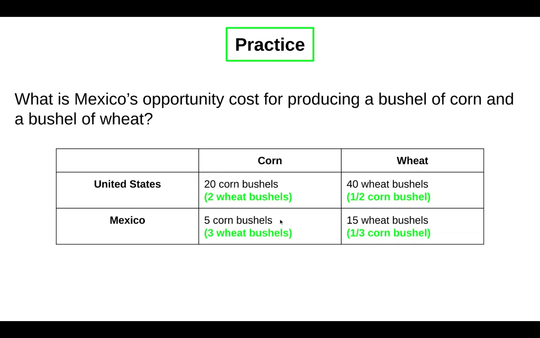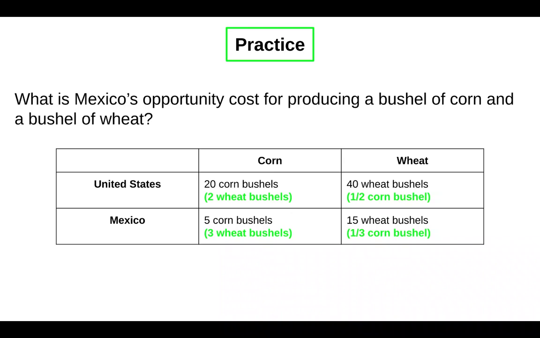Well, again, it's other over current. What's in the other box? 15. What's in the current box? 5. 15 divided by 5, 3. What do I give up to produce corn? Wheat. And then the reverse is true over here. 5 divided by 15 is a third of a corn bushel, because I'm producing wheat.